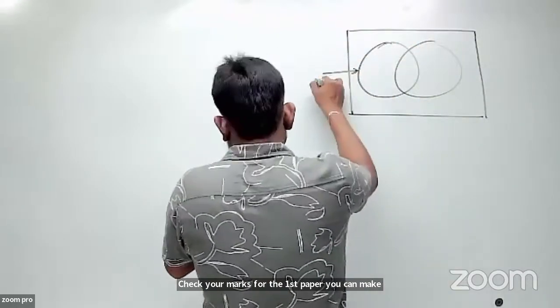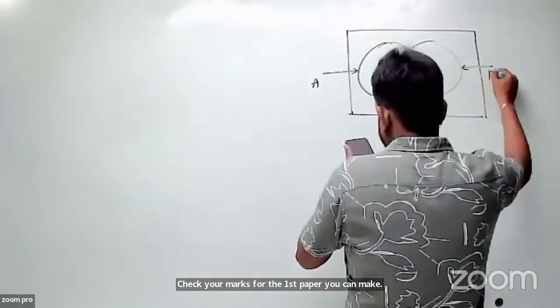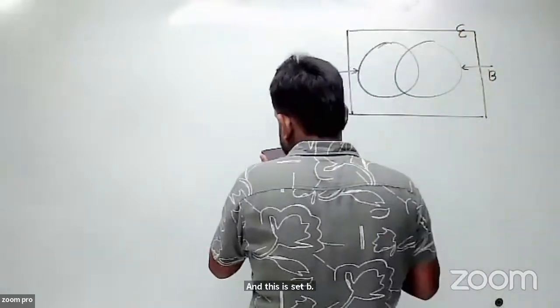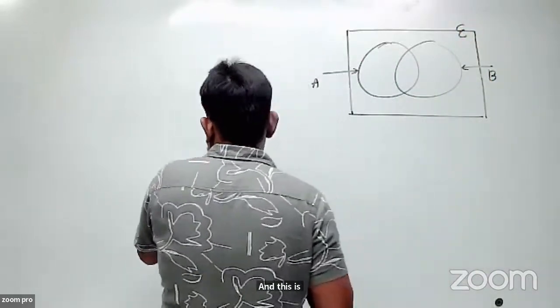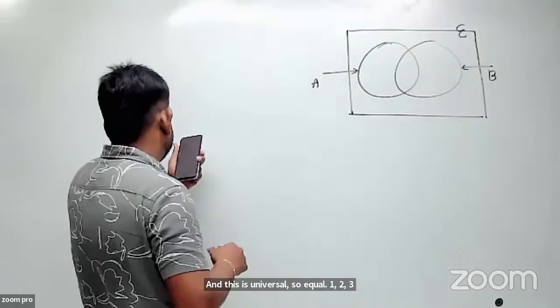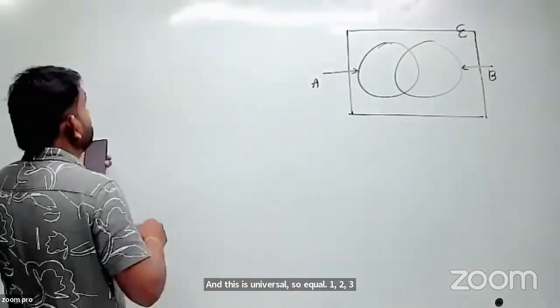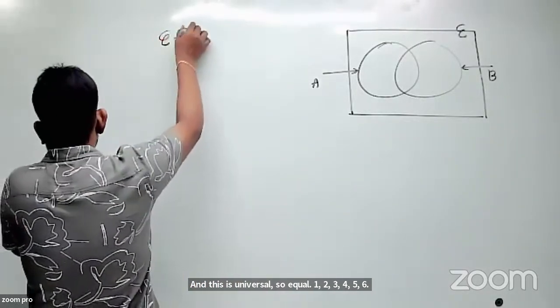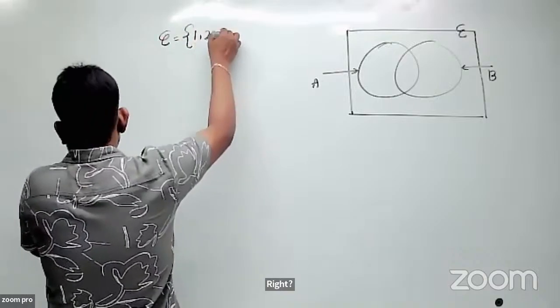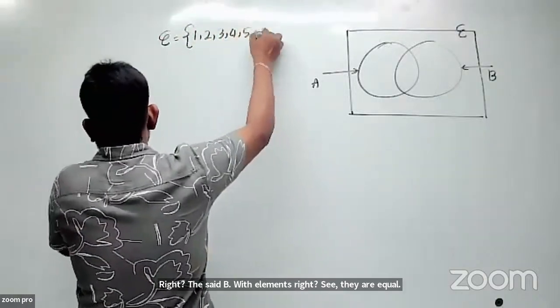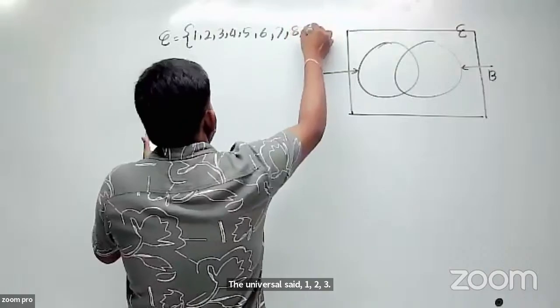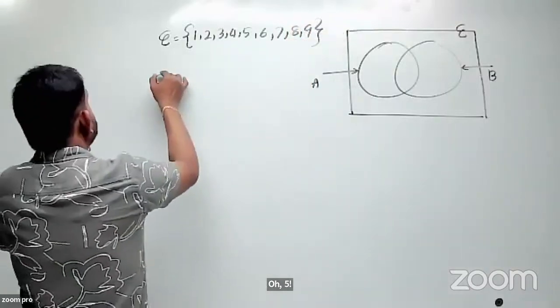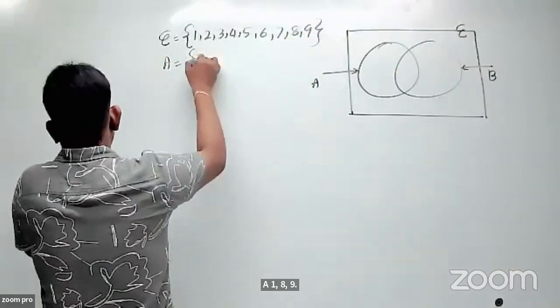Okay, this is set A, and this is set B, and this is the universal set. The universal set is 1 2 3 4 5 6 7 8 9. Then A equals 4 6 8.